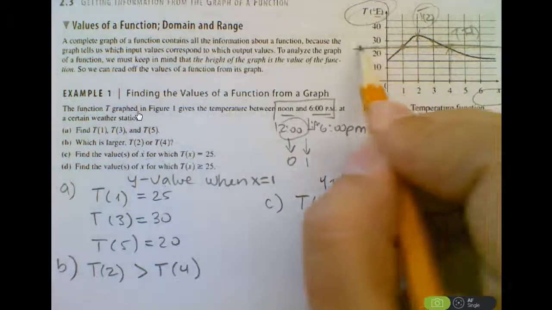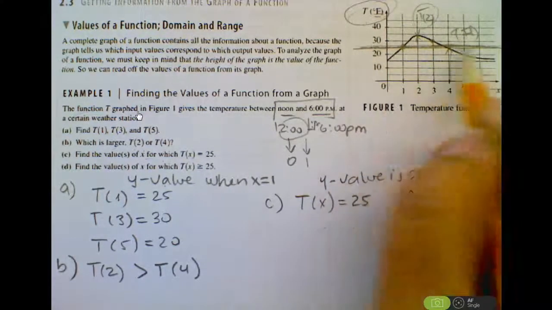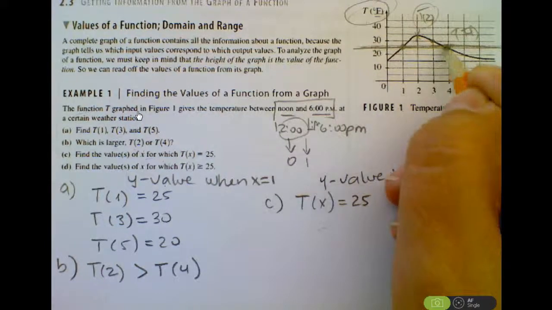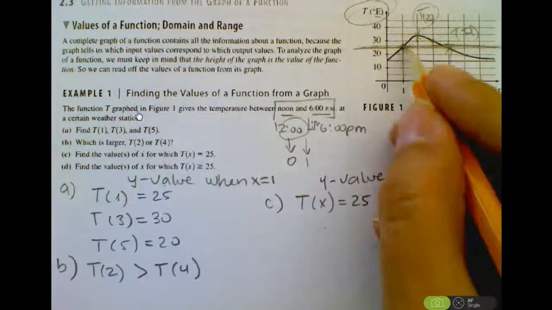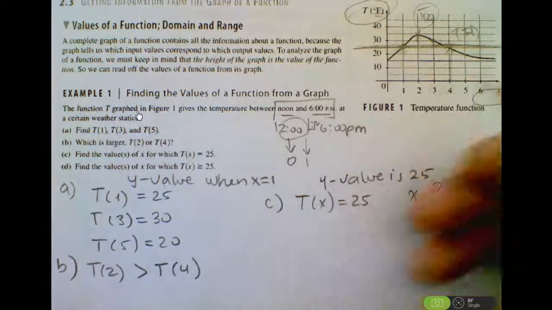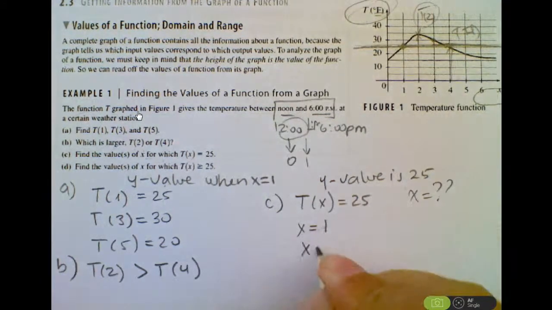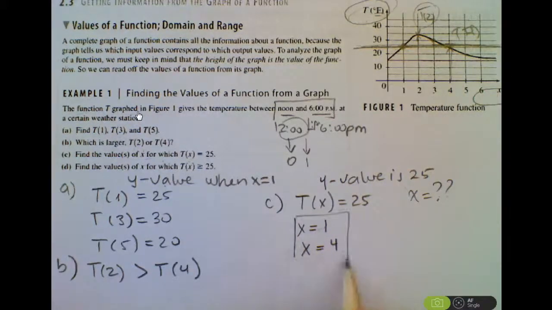And then I'm going to see how many times my graph is being intersected. I see that my graph is intersected at 2 values right here. So I know that there are going to be 2 x values for which y is 25. One of them is 1, and the other one is 4. So those are the 2 x values.